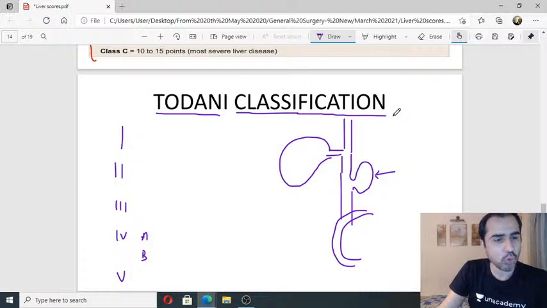Datesh says type 2. Why? What anatomy is this of the choledochal cyst? What is the anatomy?